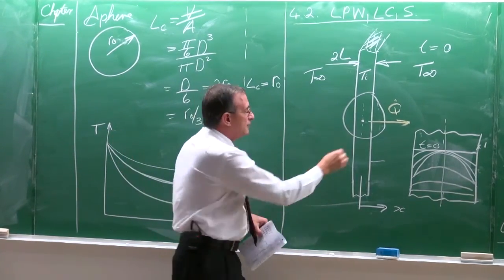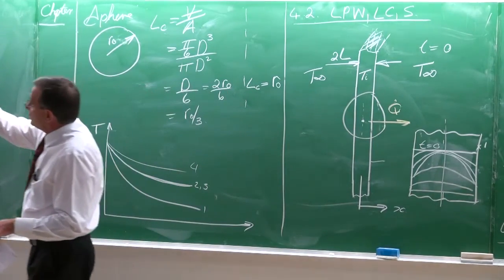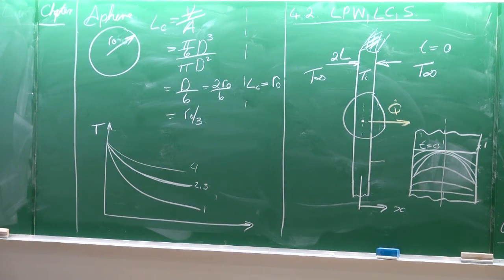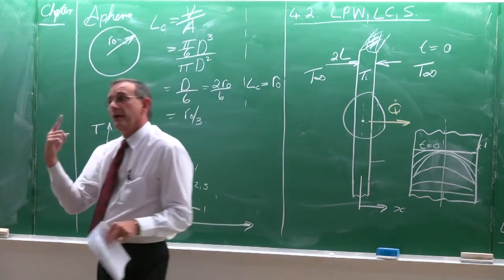Where x is equal to L, then the non-dimensionalized space variable, big X, is equal to L divided by L, which is equal to 1. So that variable will always vary between 0 and 1.